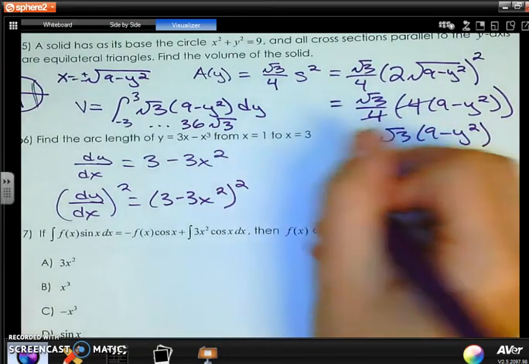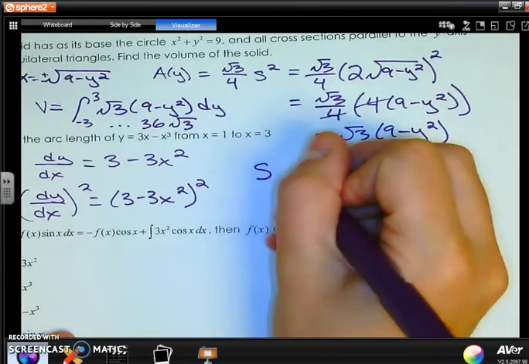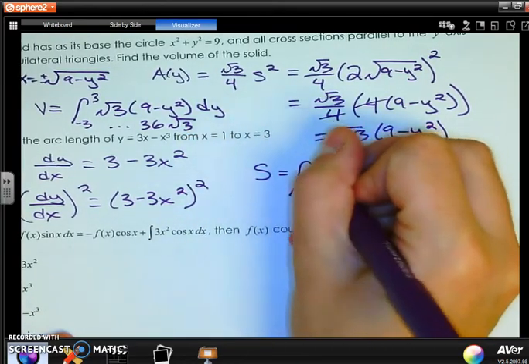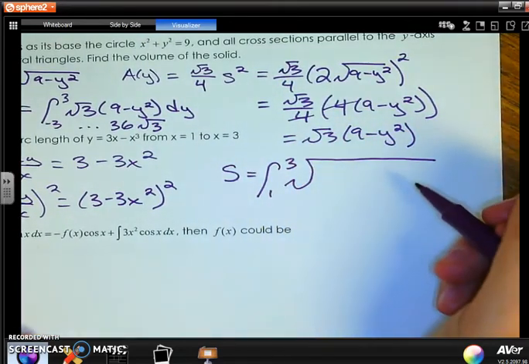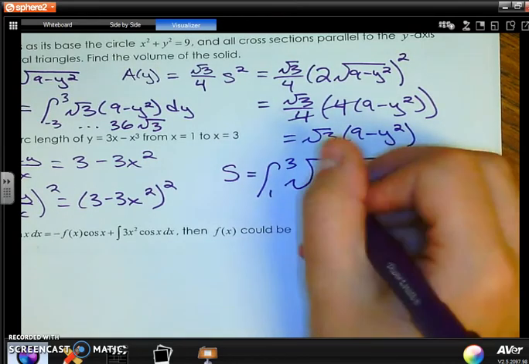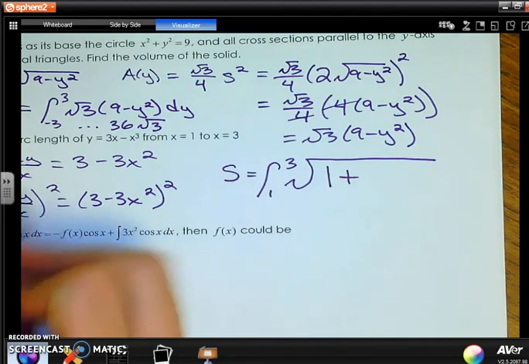So the formula for the arc length, which remember we use S to represent, it's going to be the integration. They'll give you the bounds, so it'll be 1 to 3, and it's the square root. A lot of people forgot to do the square root on the last test. So it'll be the square root of 1 plus dy dx squared.